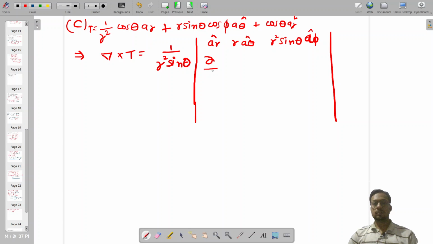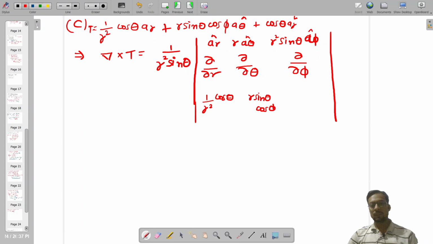Now del upon del r, del upon del theta, del upon del phi, and r, theta, phi. So the first entry is 1 upon r square cos theta, the second is r sine theta cos phi, the third is cos theta.